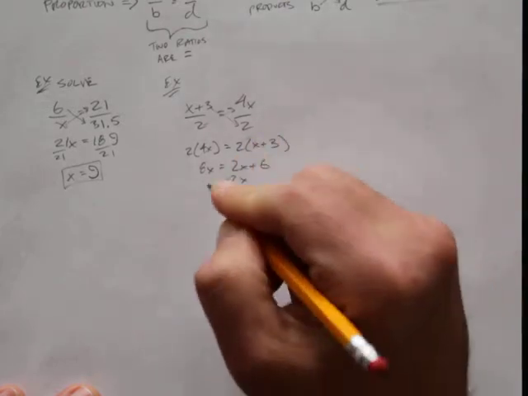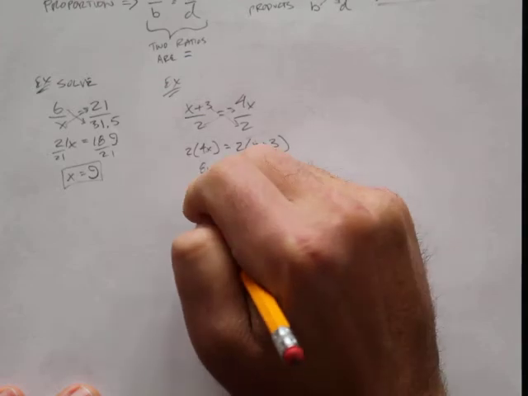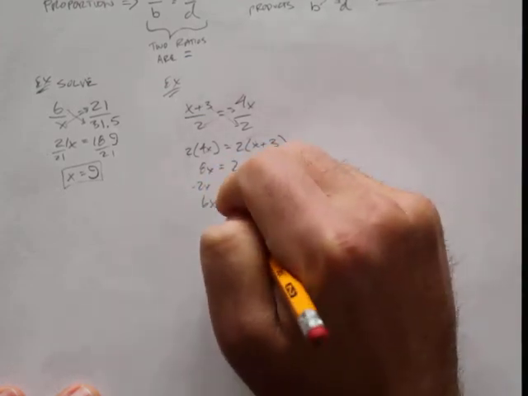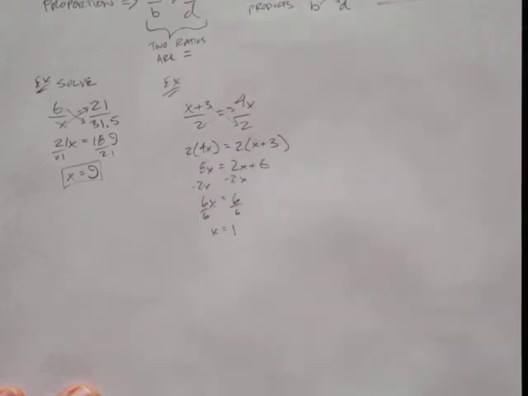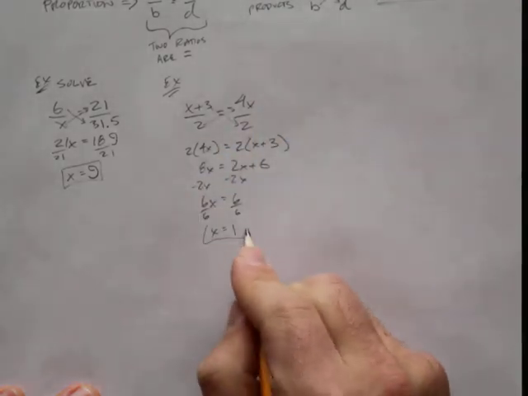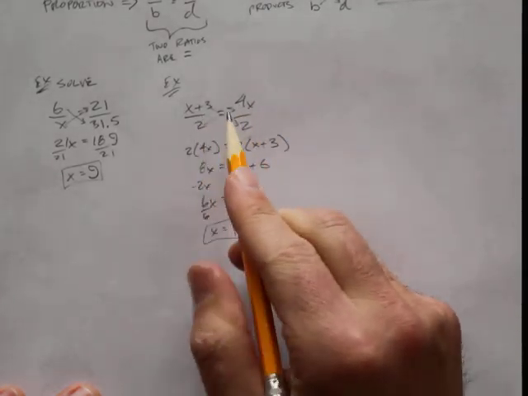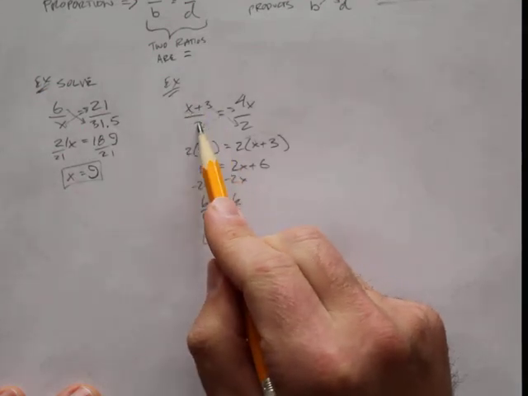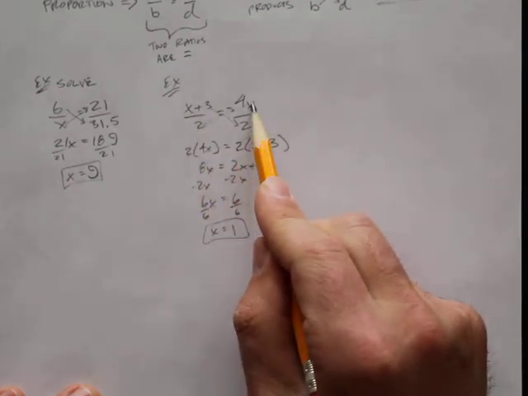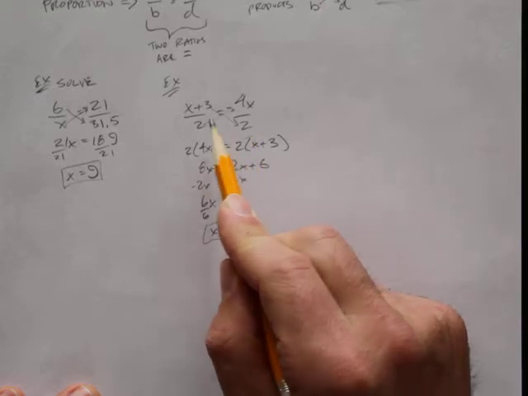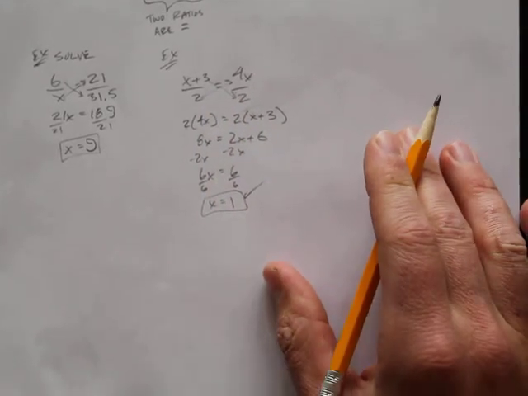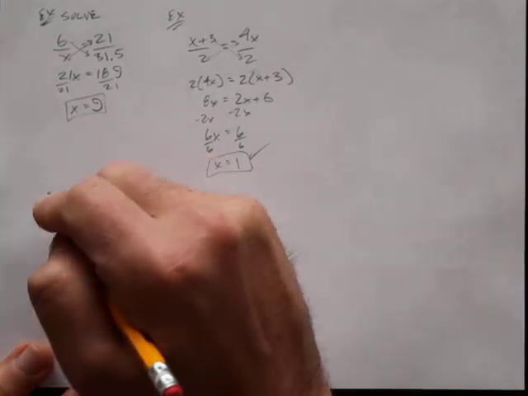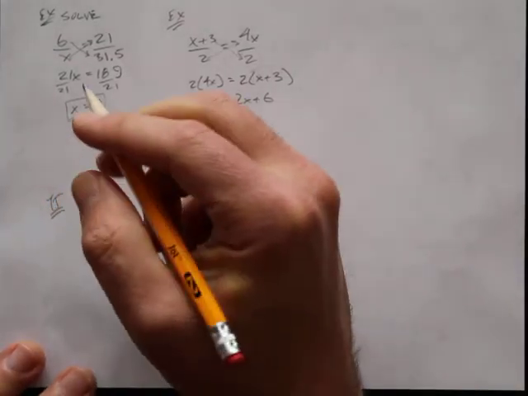Subtract 2x from both sides. I get 6x equals 6. Divide by 6. X equals 1. I can plug that back in to make sure: 1 plus 3 is 4, 4 over 2 is 2, and 4 times 1 is 4 over 2, which is 2. So 2 equals 2, yep, it checks out. Let's have you do a couple of these.